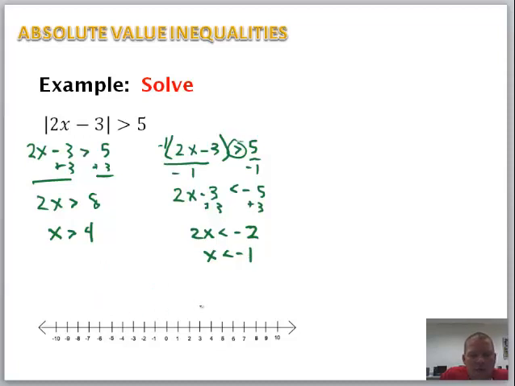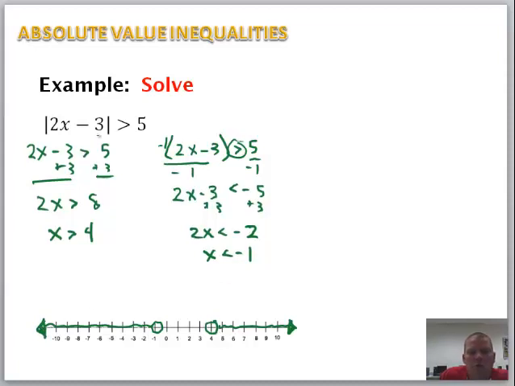When I graph these, I'll graph 4. Now this doesn't have the equal, so I make it an open dot. x is greater than 4 goes that way. x is less than negative 1. Again, it doesn't have the equal in it, so I draw an open dot.